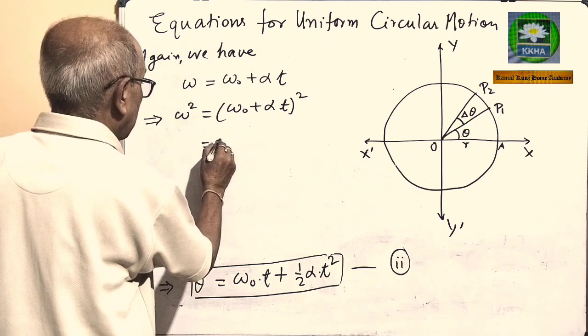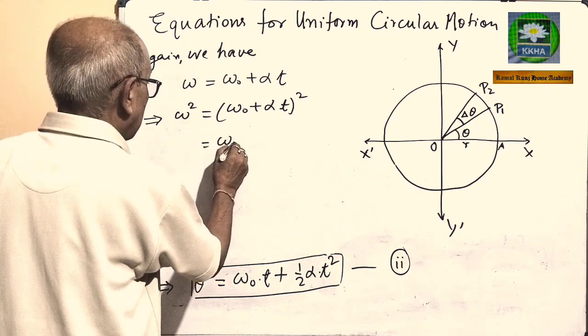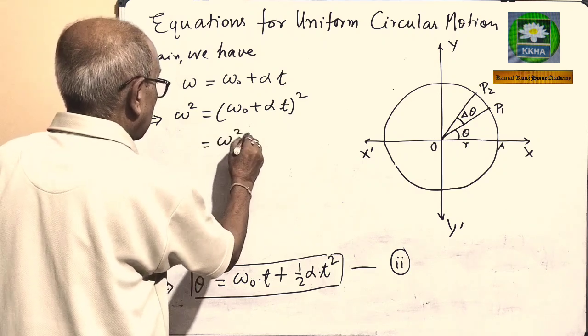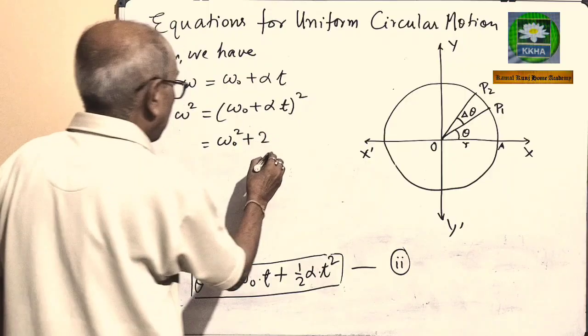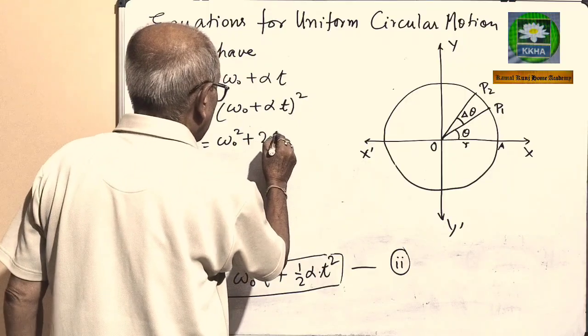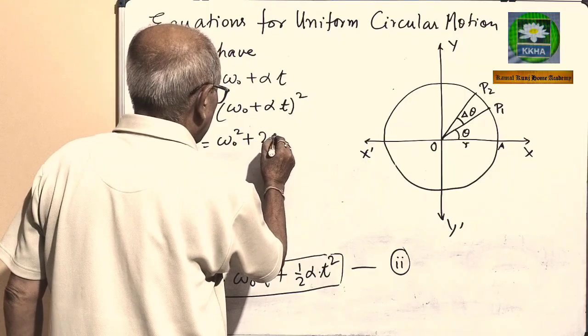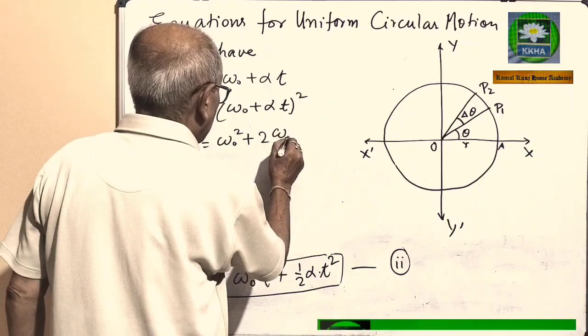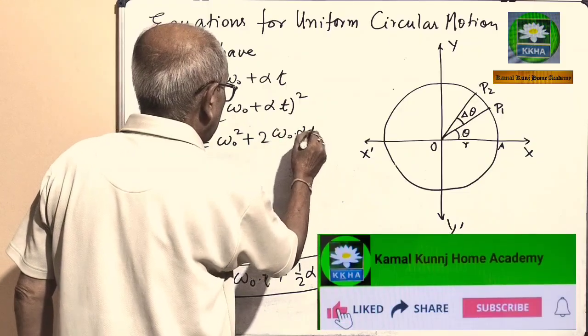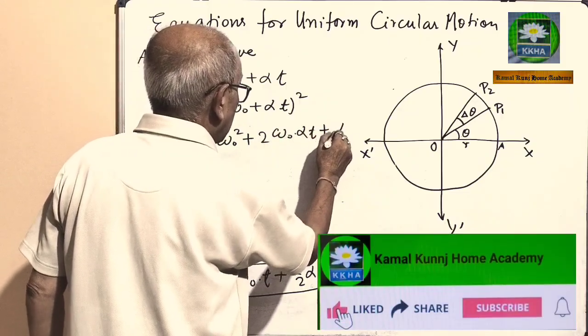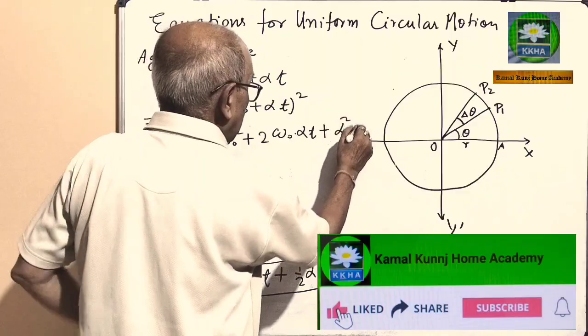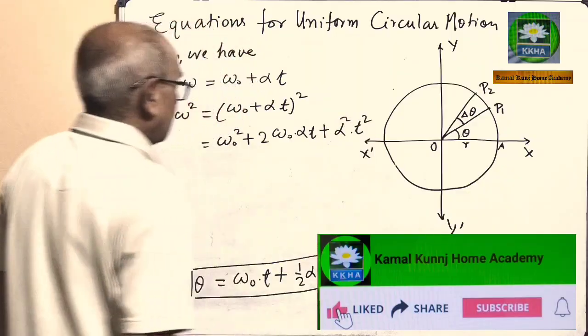This is equal to omega naught square plus twice omega naught alpha t plus alpha square t square.